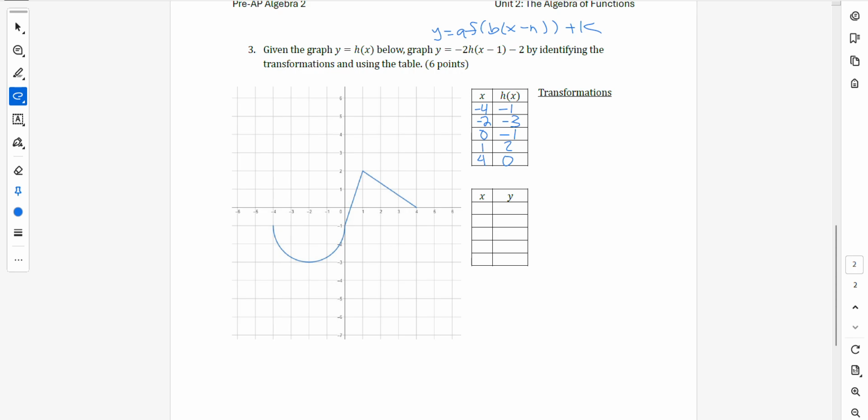Okay. I did have people who did not identify each of these points. There are some who did, there are some who did not. Okay. All right. Now, I said that there are 4 transformations.